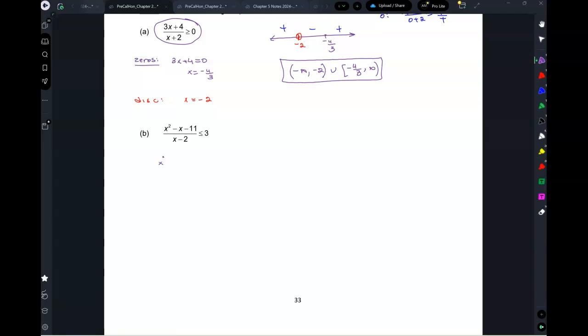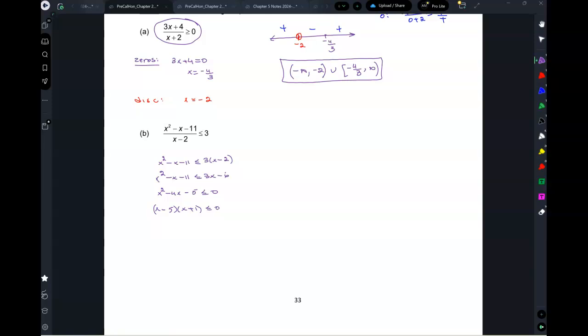But basically, it's going to be x squared minus x minus 11 less than or equal to 3 times x minus 2. So, x squared minus x minus 11 less than or equal to 3x minus 6. x squared minus 4x minus 5 less than or equal to 0. So what do we get here? x minus 5, x plus 1.